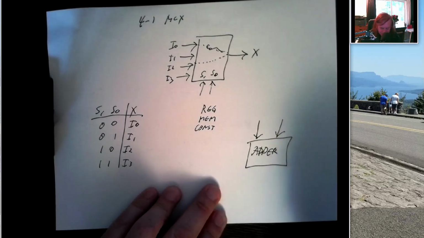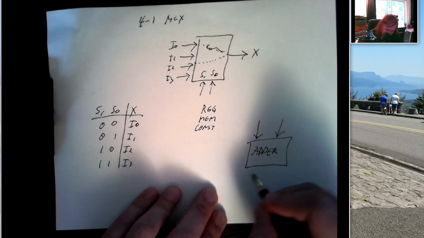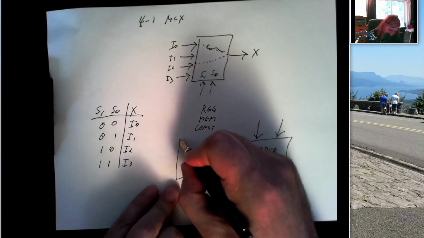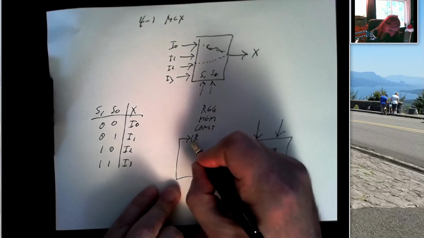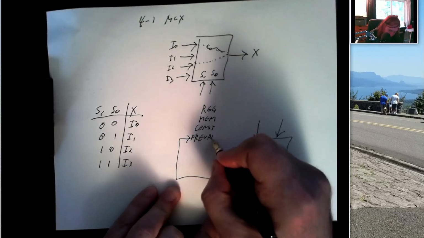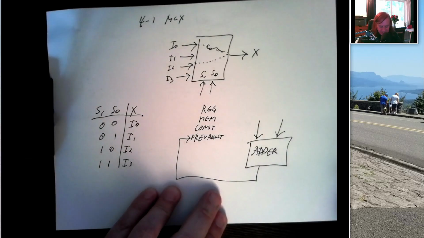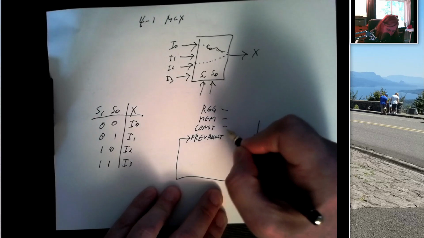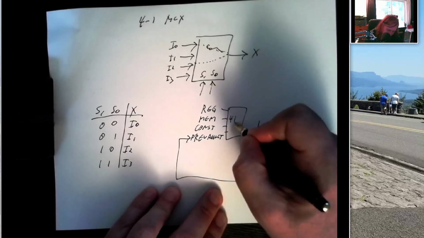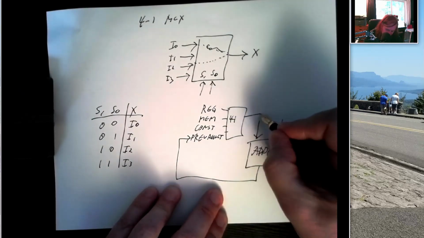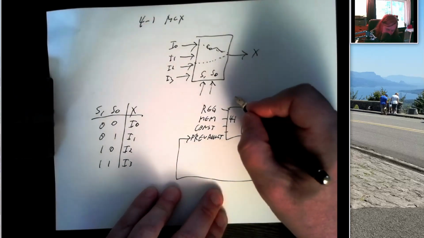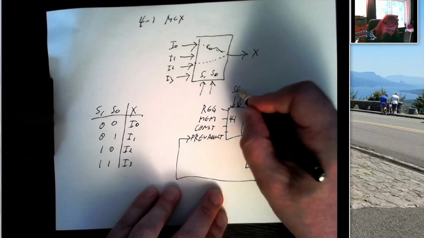Or maybe we want to add, you know, some previous result from our addition, because we're doing a sequence of additions. Well, we could take these and we could put them into a 4-to-1, and we could take the output and put it in here, and we could have a pair of select lines.